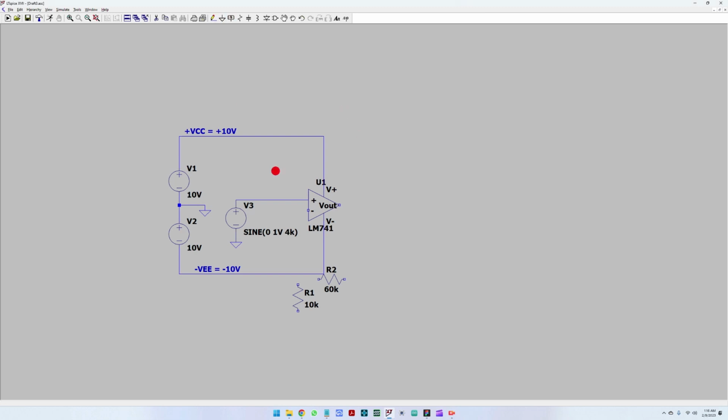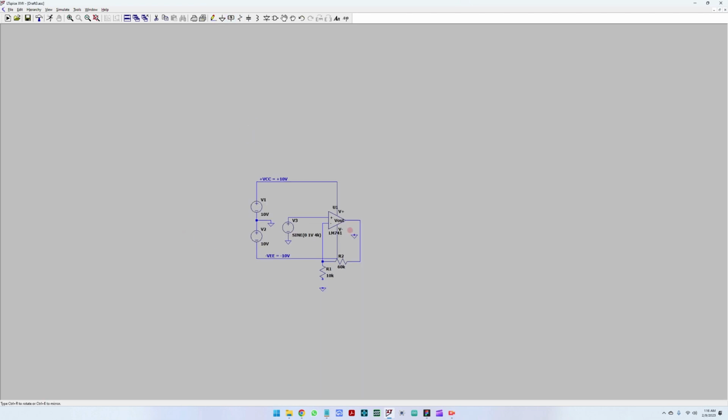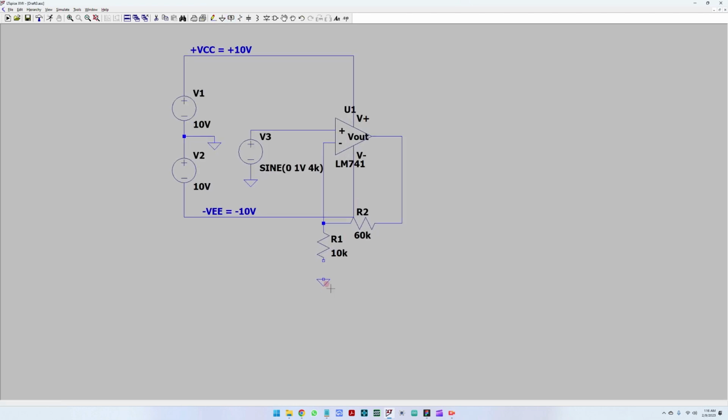Okay, let's connect everything together: the feedback network to the inverting input, and this is the output. One last thing we need to add is the ground reference here so that we can connect the ground to the feedback.